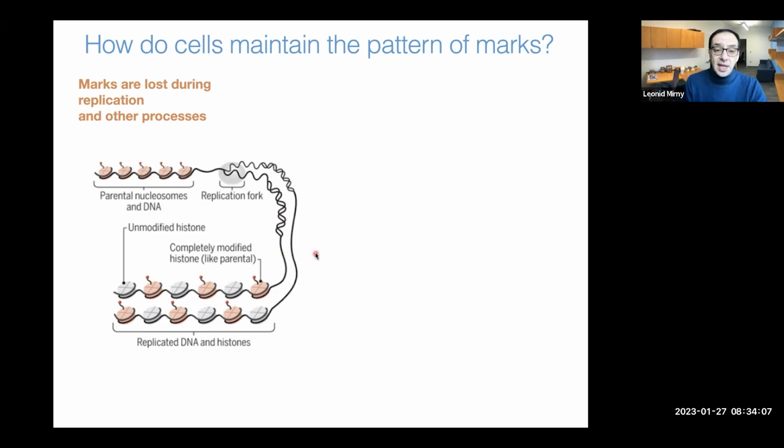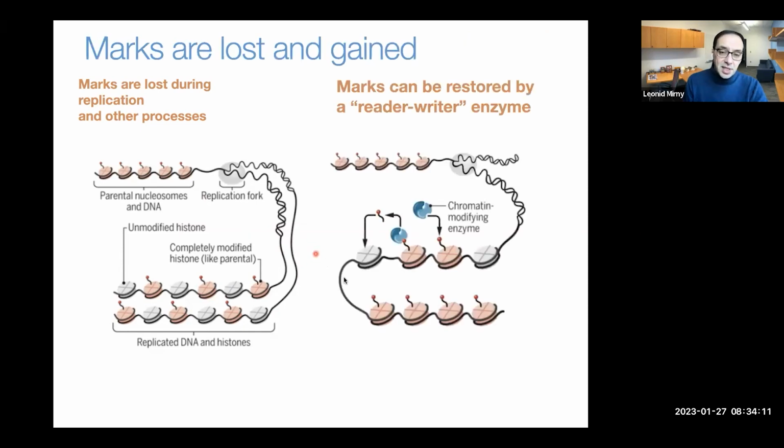After replication, this pattern needs to be restored. There are enzymes that come and recognize the mark on one nucleosome and impose this mark on the next nucleosome. That's a conventional reader-writer mechanism of reestablishing the memory after replication.